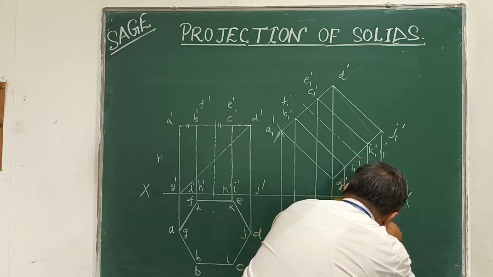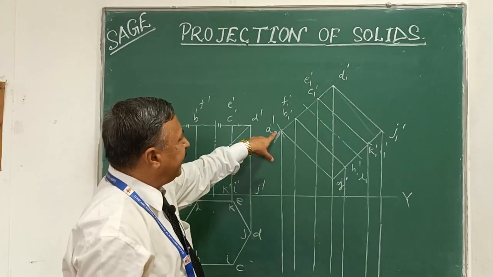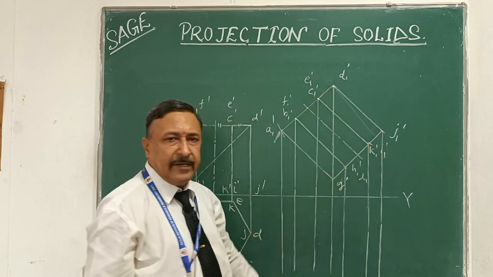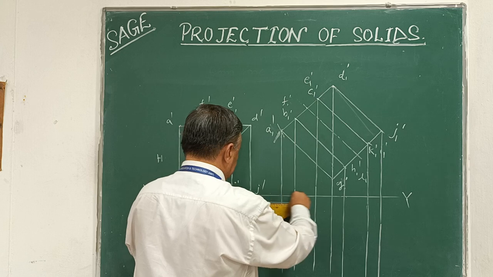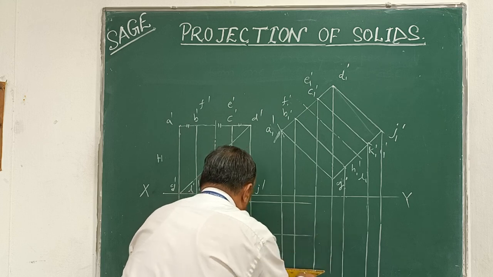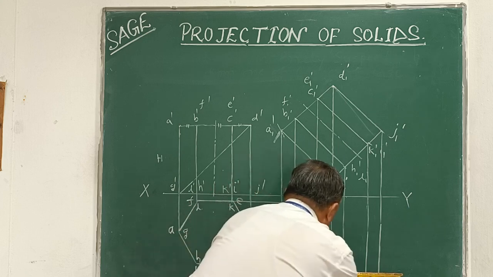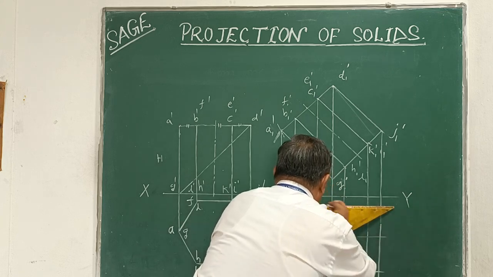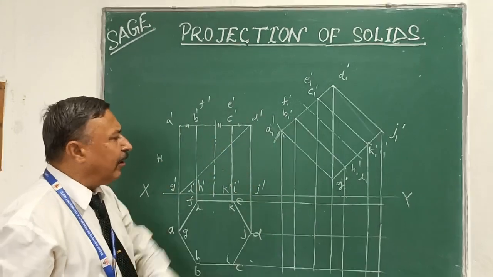Now see, assure that projectors through all points or corners should be drawn. Now this is the complete process when we draw all projectors.